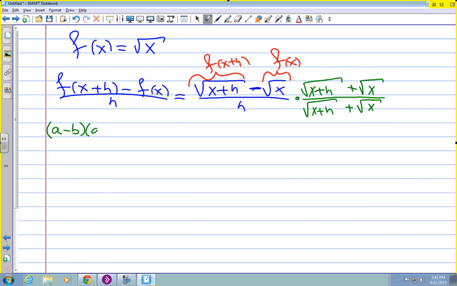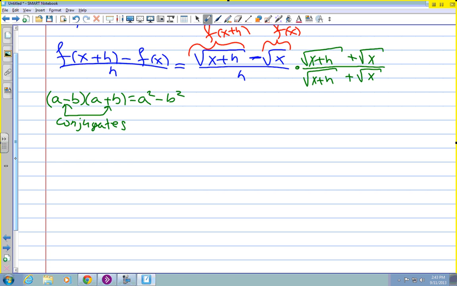The reason I want to do that is because I have the difference of squares formula. If I multiply two things that differ by a sign, I end up with two little squares. These terms are called conjugates: the two terms that only differ by a sign in the middle. You'll see conjugates again.